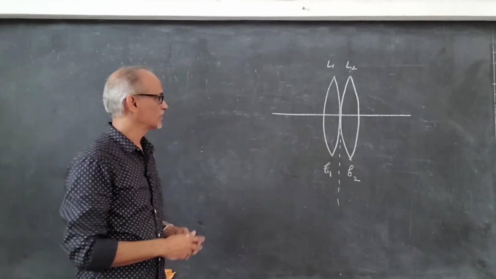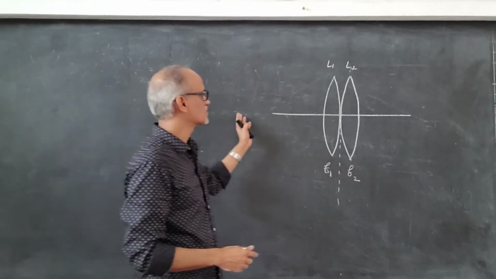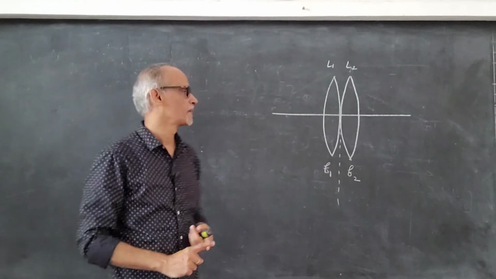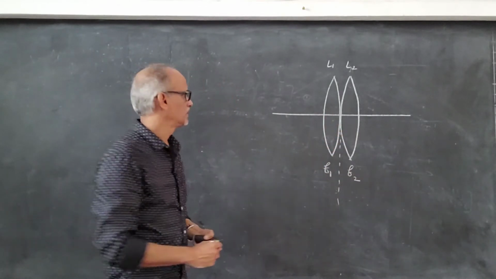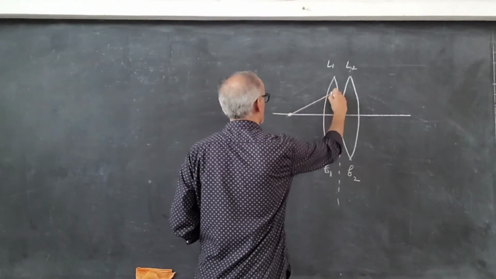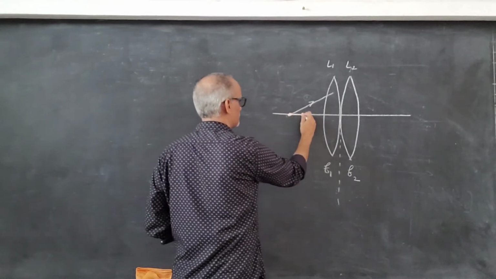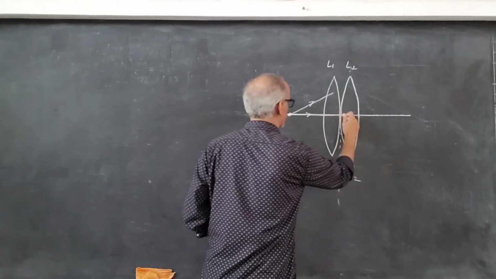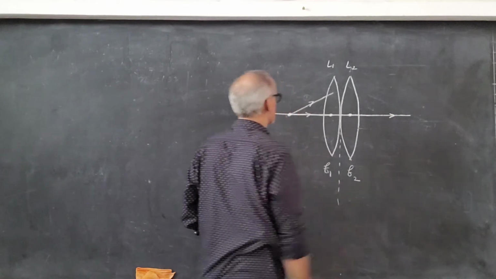So, here also I am going to use almost the same logic, that is, whenever refraction takes place through 2 lenses together, first I will assume the absence of the second lens. In the absence of the second lens, let us consider a ray which is incident normally to the lens, and it passes straight without any deviation, because it passes through the optic center like this.